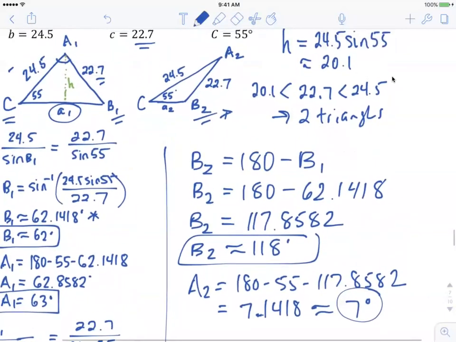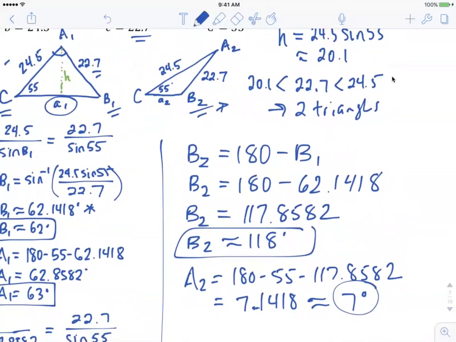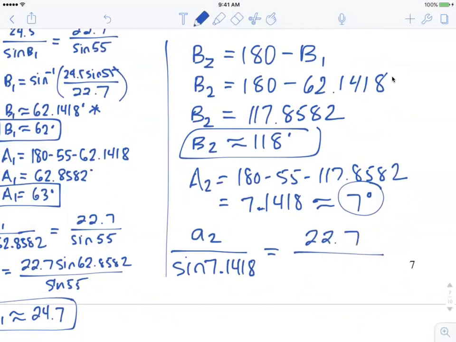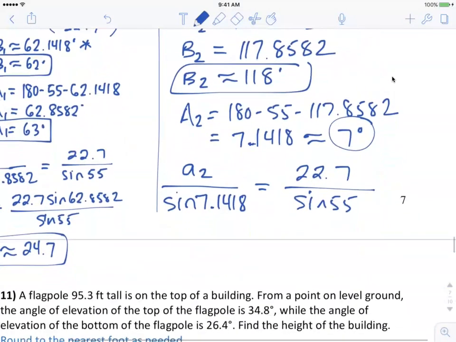Finally, I'm looking at the picture. I'm after that A sub 2 side, law of sines. So A sub 2 over the sine of angle A sub 2, 7.1418, equals back to my given 22.7 over sine 55, using that a lot. And then I'll get my A2 and be done with this problem.